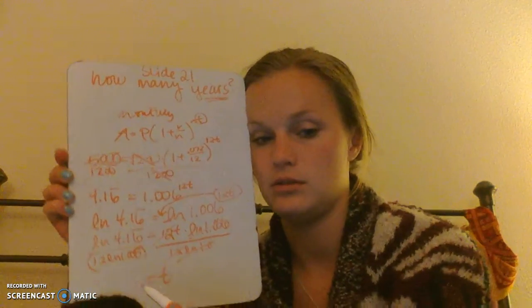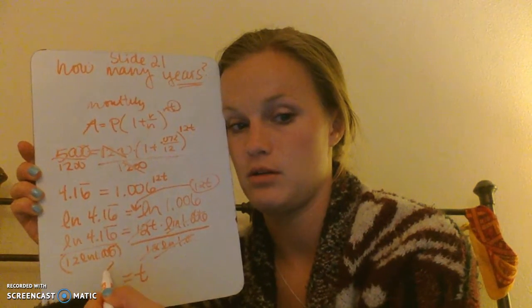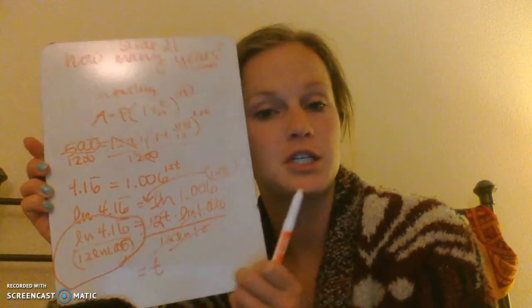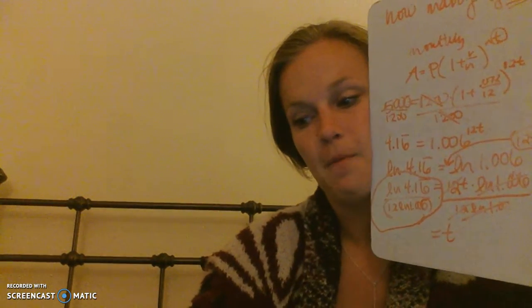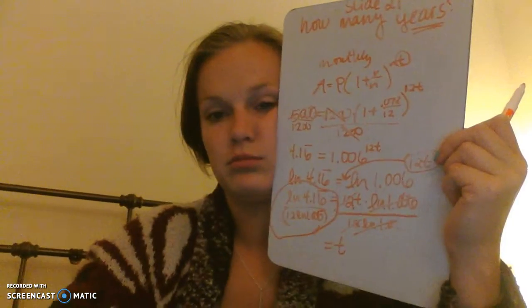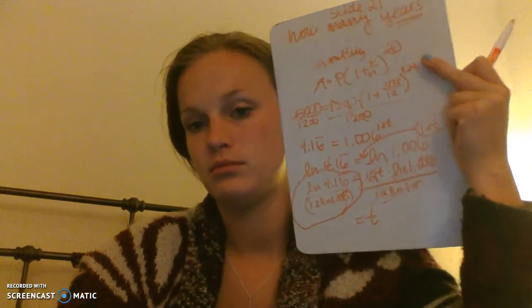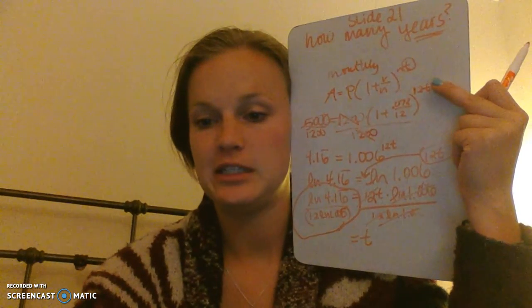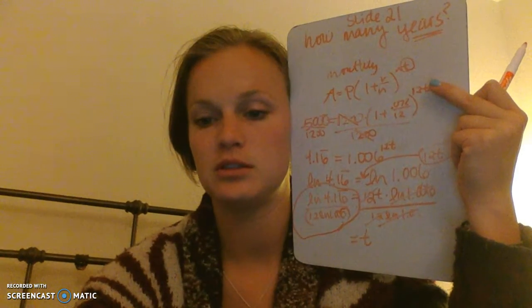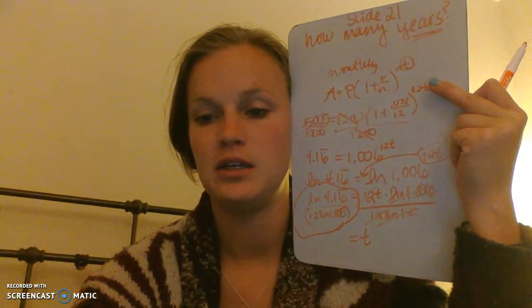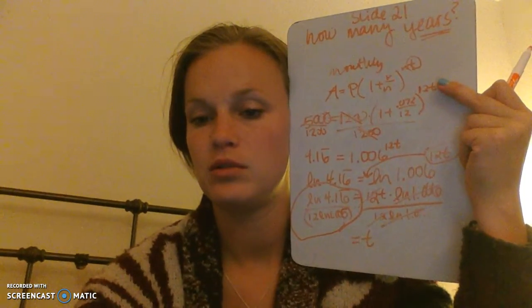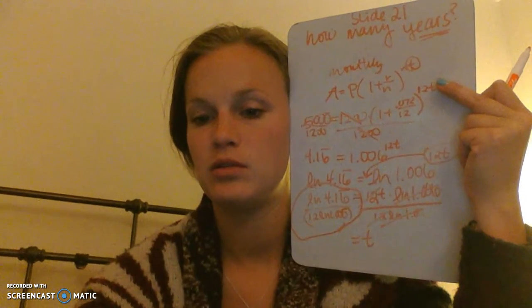T is equal to this whole thing, which when you plug it into your calculator carefully, 4.166666667, ln of that number divided by, open parentheses, 12 times ln of 1.006, close parentheses.